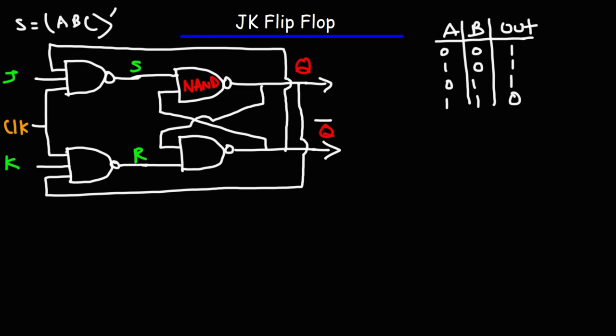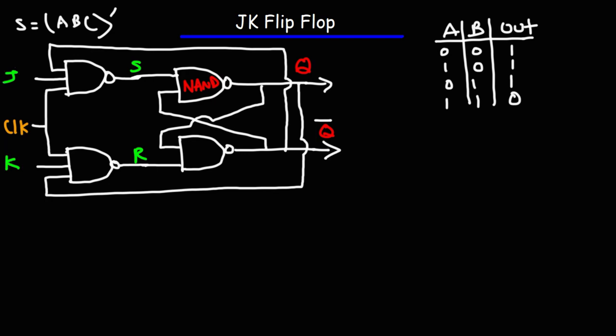Now, one of the first things we need to do before we discuss the operation of this circuit is decide what values Q and Q bar should be. We can make Q equal to 0, or we can make it equal to 1. What I like to do is set Q to 0 as our starting value. So imagine there's a push button for the J, K, and clock signals.